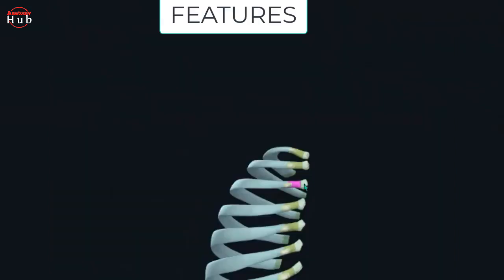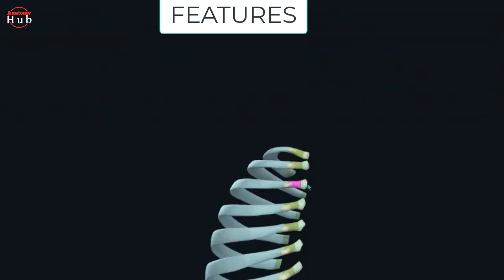So all of these 12 ribs articulate posteriorly with the vertebrae of the thoracic spine, and each rib forms two joints. What is that?